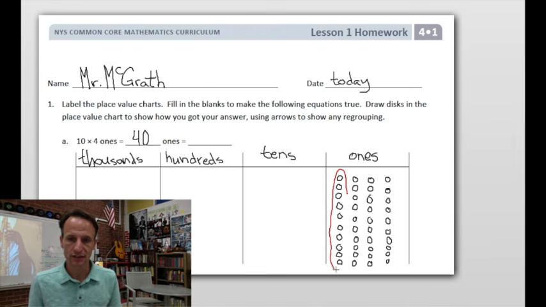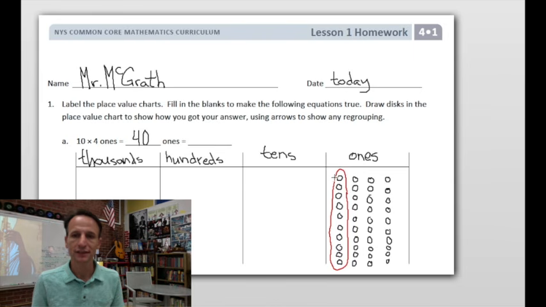So look, these 10 ones are equal to 1 ten. I'm going to say that again because that is essential to understand. These 10 ones are equal to 1 ten. And likewise, this second set of 10 ones is equal to, you got it, 1 ten.